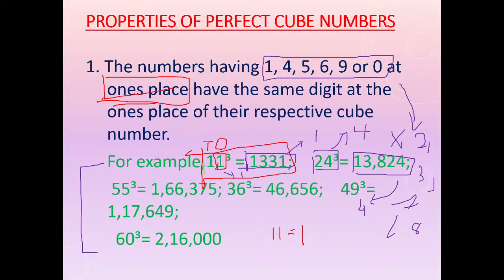Okay, this is one of the properties of perfect cube numbers. Even here, 60: 0 is at its ones place, so the last digit of the cube is also 0. So we can say this is one of the properties of perfect cube numbers. Let us move on to the next.